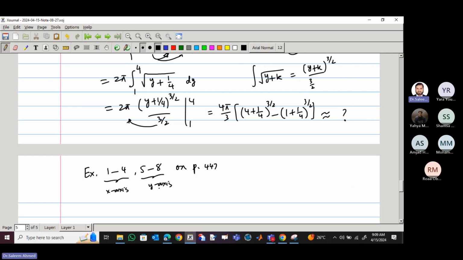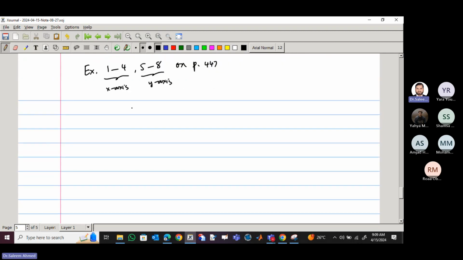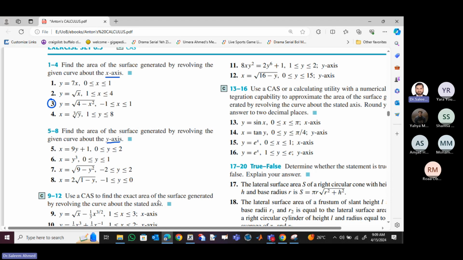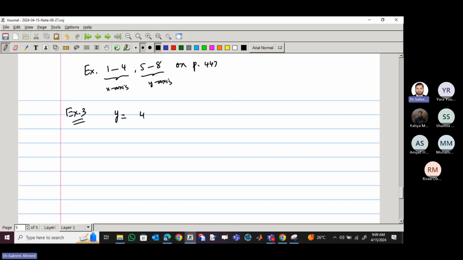So we can pick one from both. And let's say exercise 3, I said, right? Exercise 3 was y is equal to 4 minus x square, and x from -1 to 1. The x interval is given from -1 to 1. So it means your a is -1, this is your b, and this is your f(x). And f(x) is 4 minus x square.